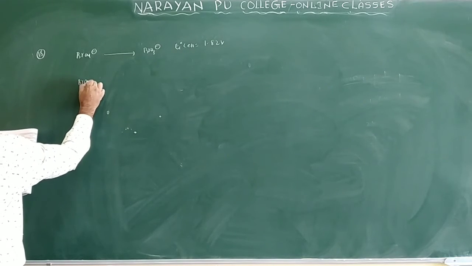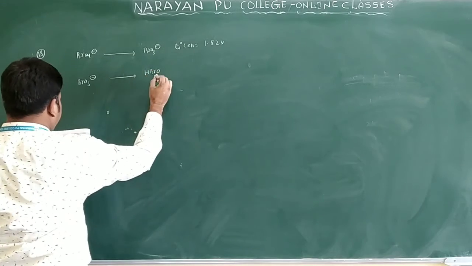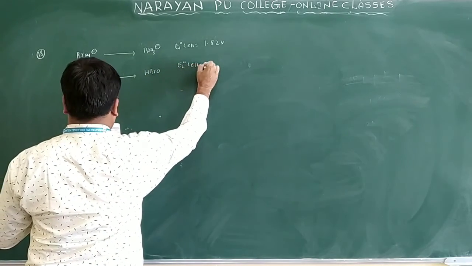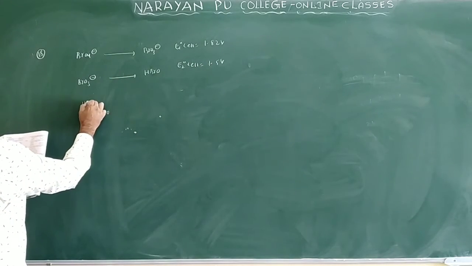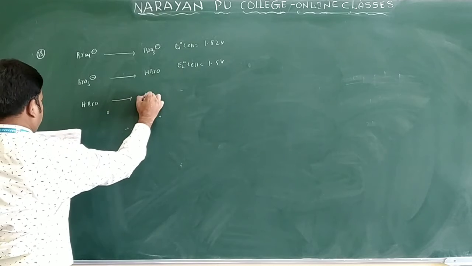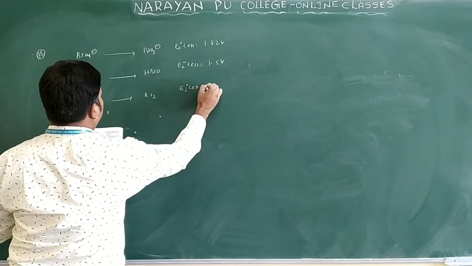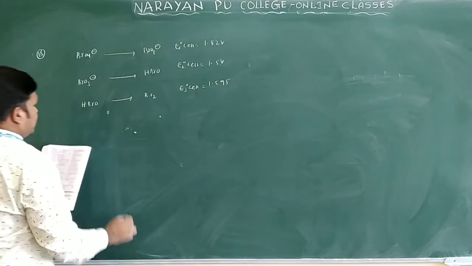Second, we see BrO3 minus converted to HBrO. So this is E2 naught cell, given as 1.5 volts. Next, HBrO gives rise to Br2. This we write as E3 naught cell equal to 1.595.